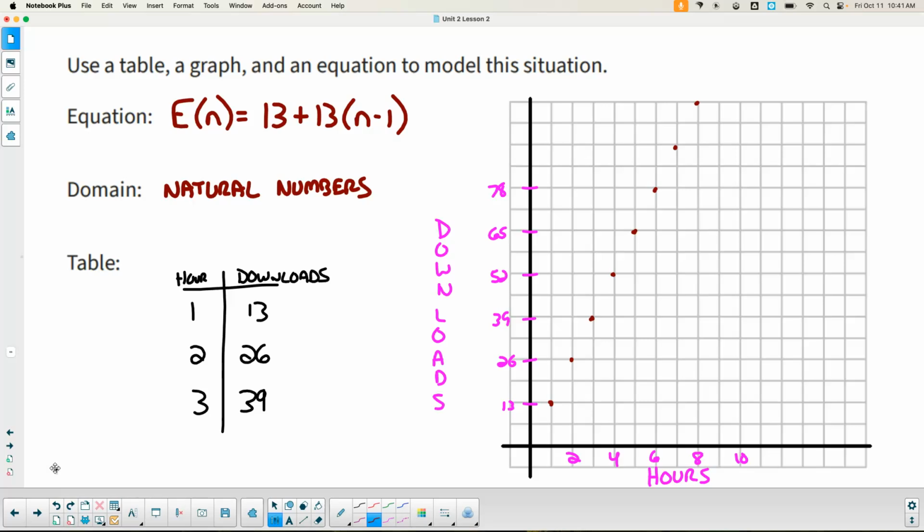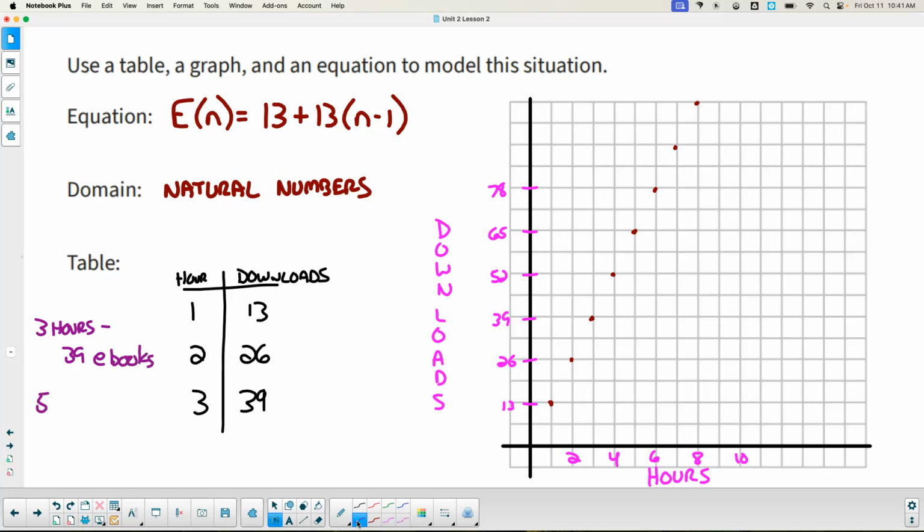Here is the answers to number 2, or what your graph should look like. Again, it is going to be a discrete graph. Okay? And so after 3 hours, you will have 39 ebooks.